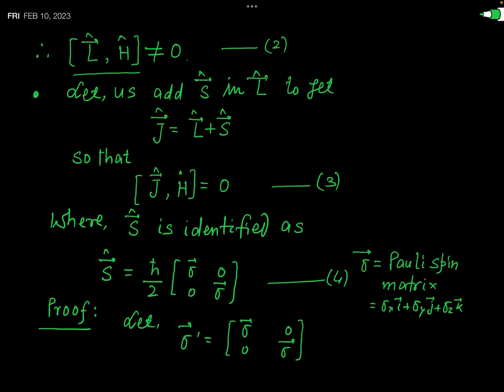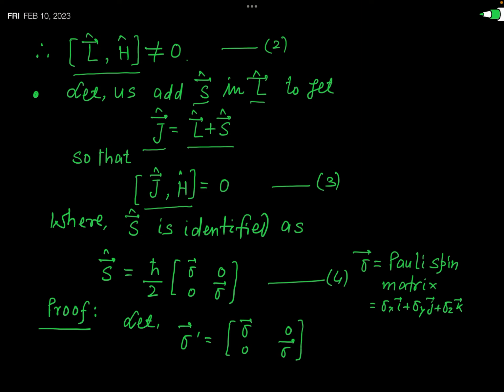Now let us add s hat to L to get the total angular momentum J, that is J equal to L plus s. In fact, s is defined in such a manner that the commutator of this J with H is equal to 0. Then you can say that J is a constant of motion.